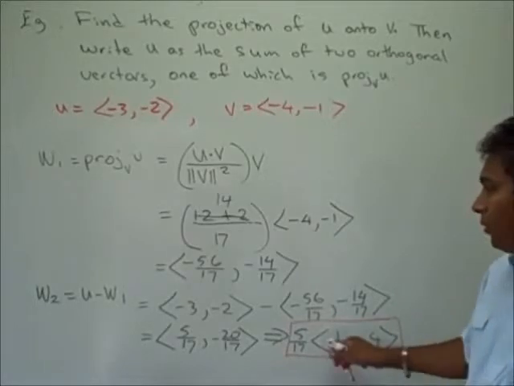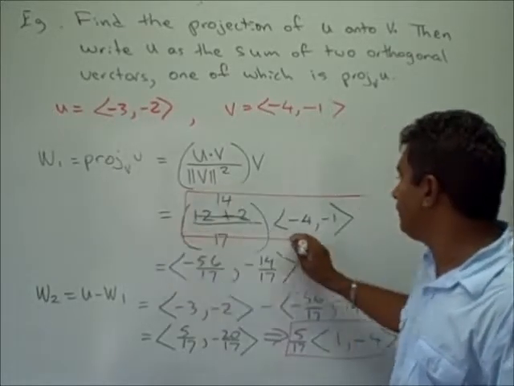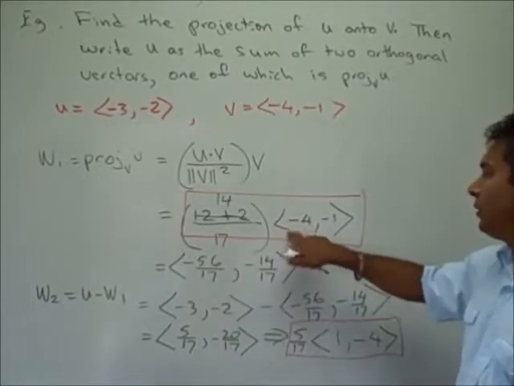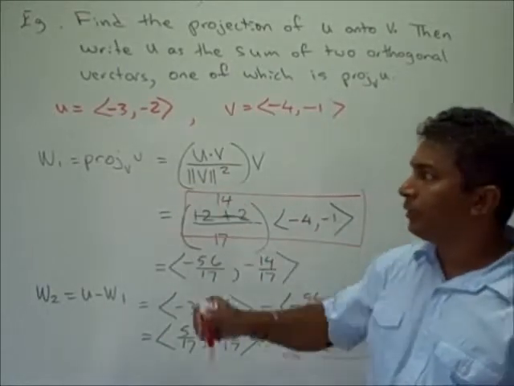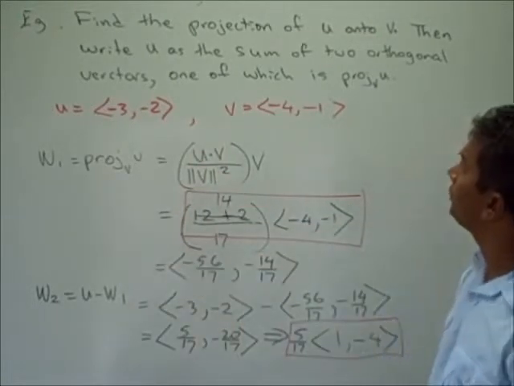So this is equal to w2, and here 14 over 17 times <-4, -1> would be equal to w1. So those are the two components of vector u.